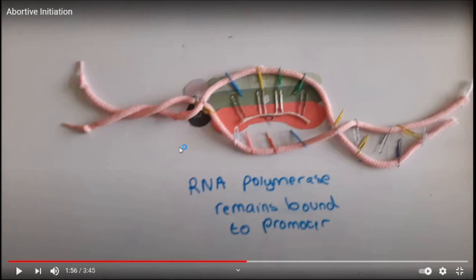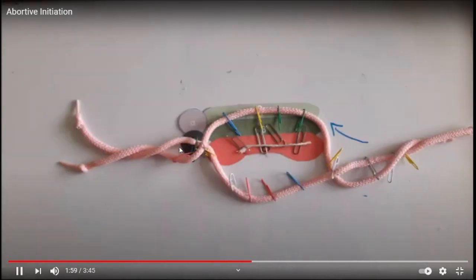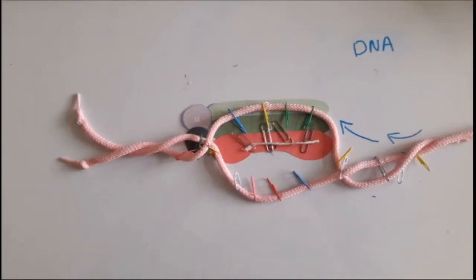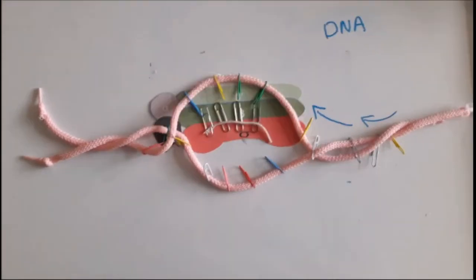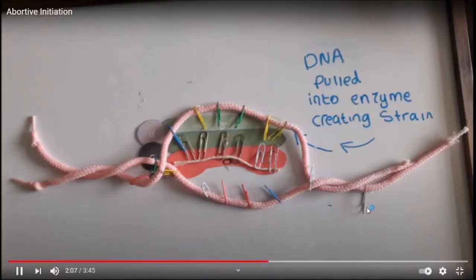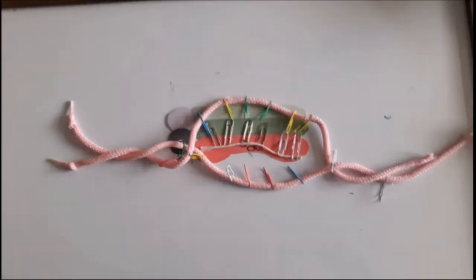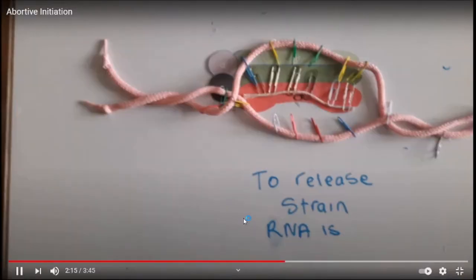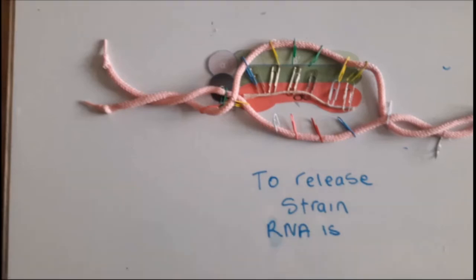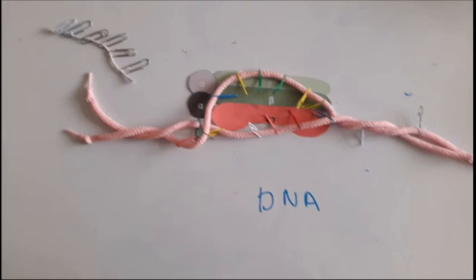So RNA polymerase remains bound to the promoter. And because of this, the upstream DNA is pulled into the active site of the enzyme, which causes stress, and this is called scrunching, the squeezing of upstream DNA into the active site.